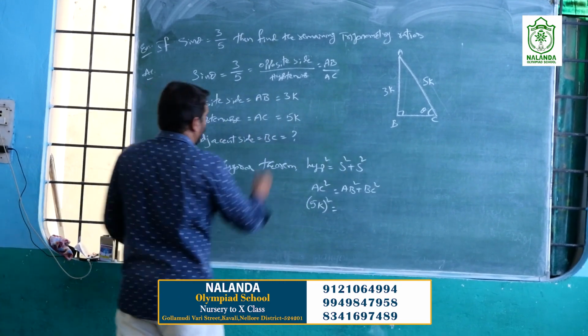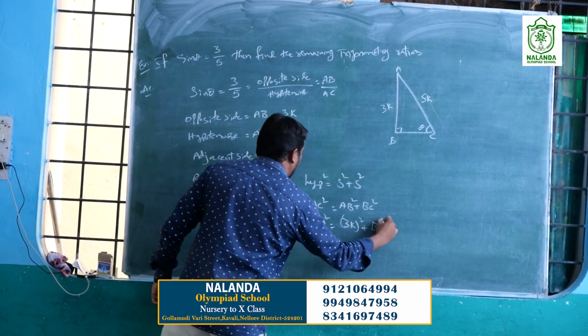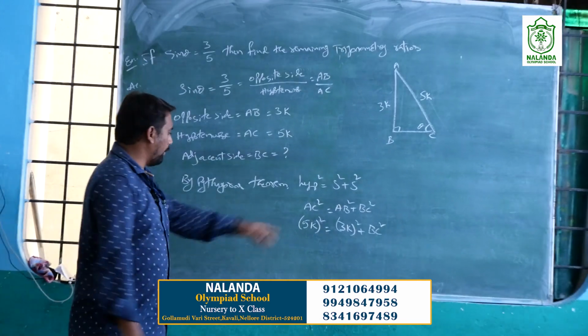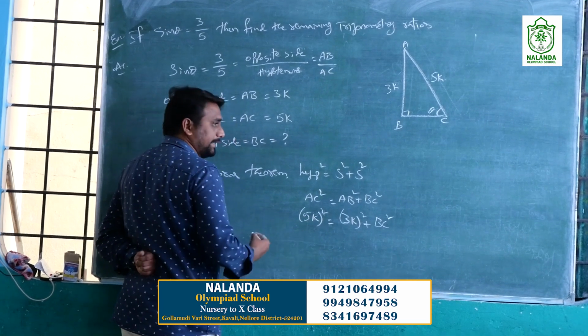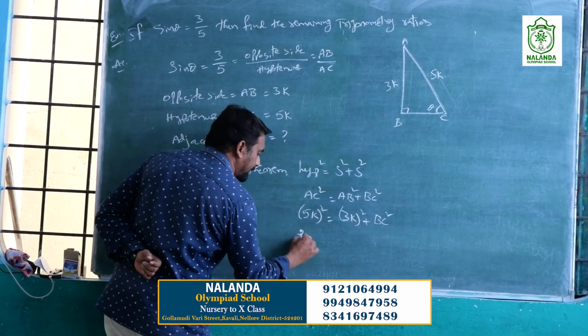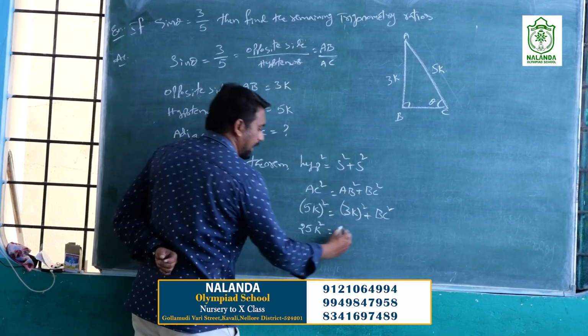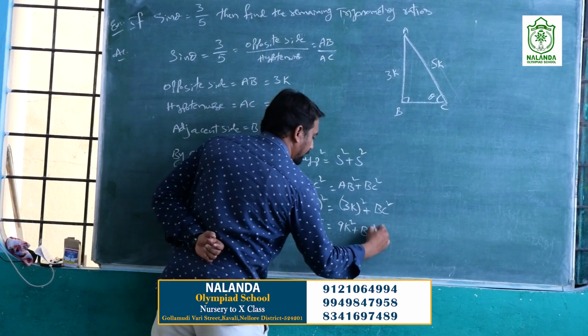Now the AB value is 3K whole square, plus BC square, the adjacent side we don't know. We square both 5 and K. 5 square means 25 and K square. Similarly 3 square means 9 and K square, plus BC square.